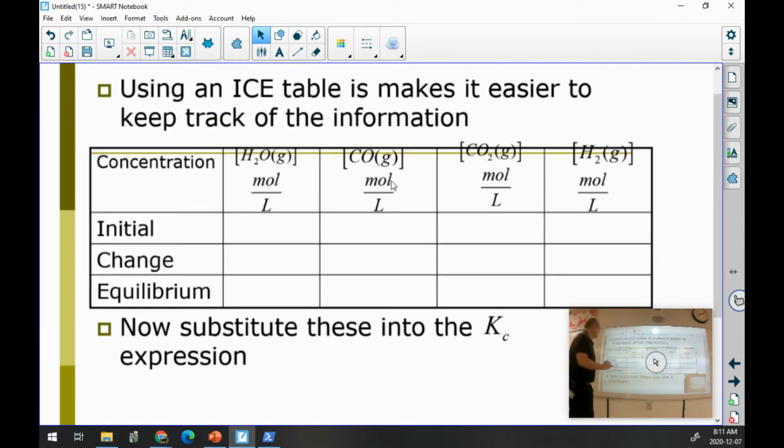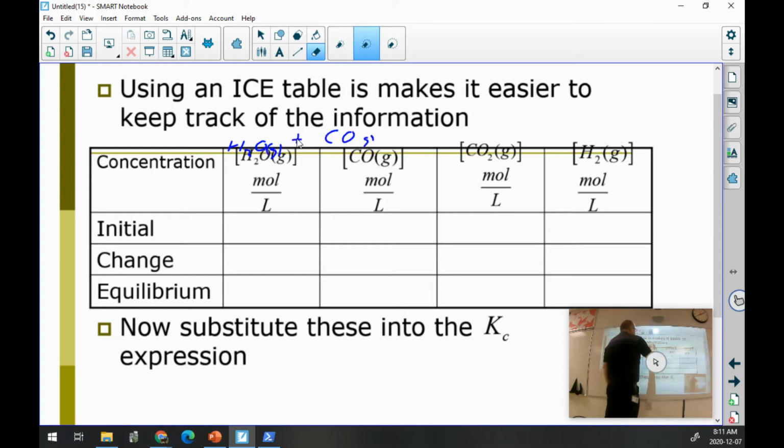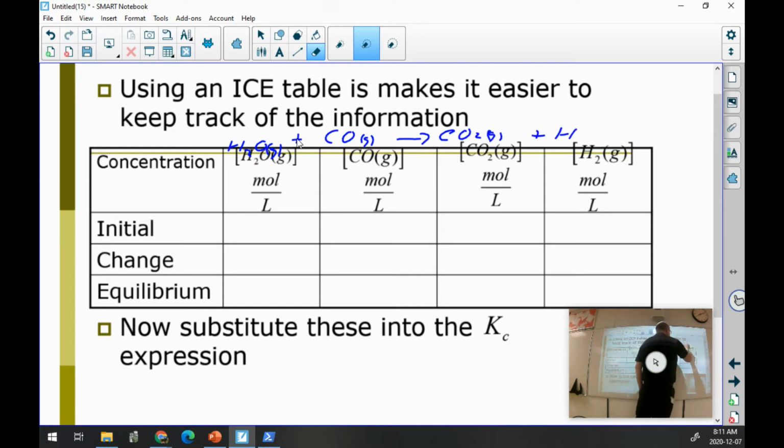Now again, I don't have the equation written here, but it's going to be H2O gas plus CO gas yields CO2 and H2. Now again, in this situation, it's a 1 to 1 to 1 to 1 ratio.